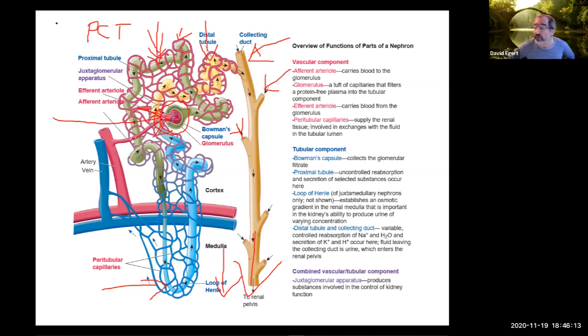Because the filtrate, you're making, again, 180 liters a day, including all of your good nutrients and stuff. So you're going to be reclaiming almost all the water, all the good stuff before you finally get to the very end. Again, collecting duct's the final step. And then at the end of the collecting duct, you're heading out the body, and that's going to be your actual pee.